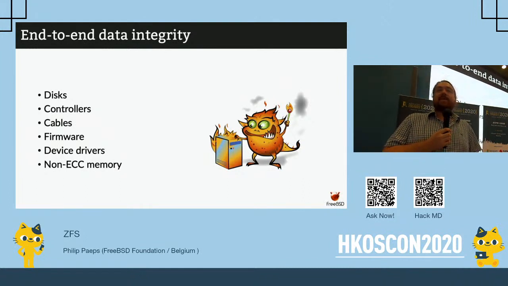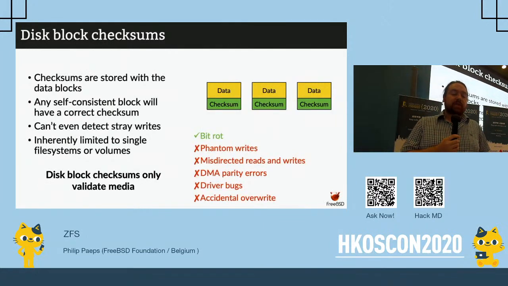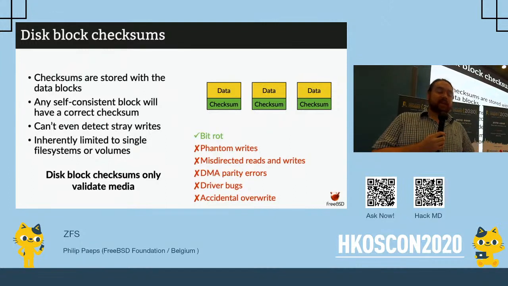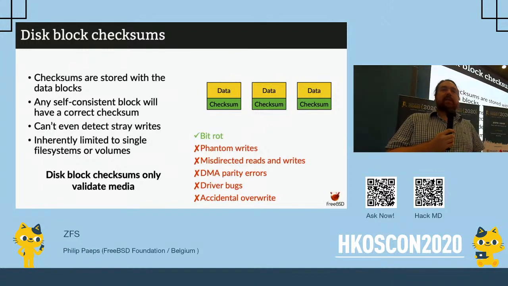And non-ECC memory will mysteriously get bit flips from time to time, and what you wrote will not be what you thought you wrote. So all of these things can fail, and most file systems implement disk block checksums to protect you against at least some of these failures, but what they actually protect you against is just bit rot, because in traditional file system design, your checksums are stored with the data blocks.